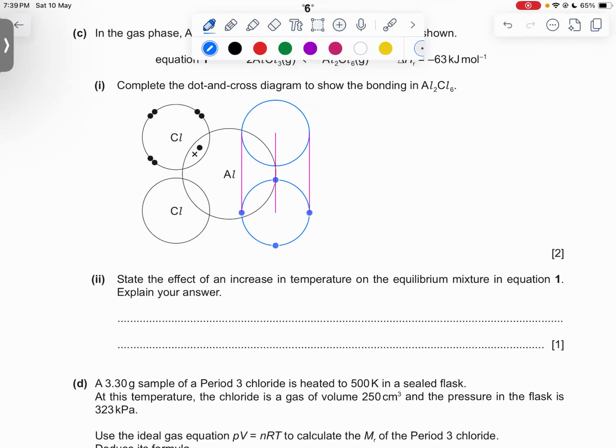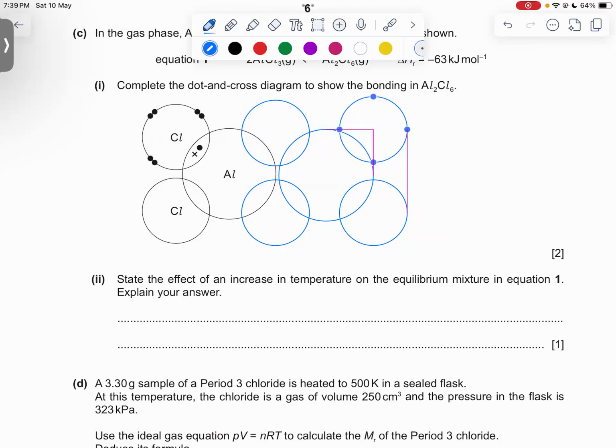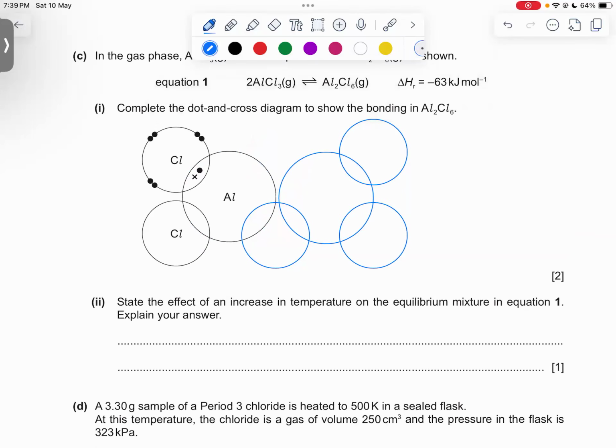I want another aluminum atom like this. Then we can duplicate two more chlorines like this, and now we have a total of how many chlorines? Way too many chlorines. This has to be deleted.